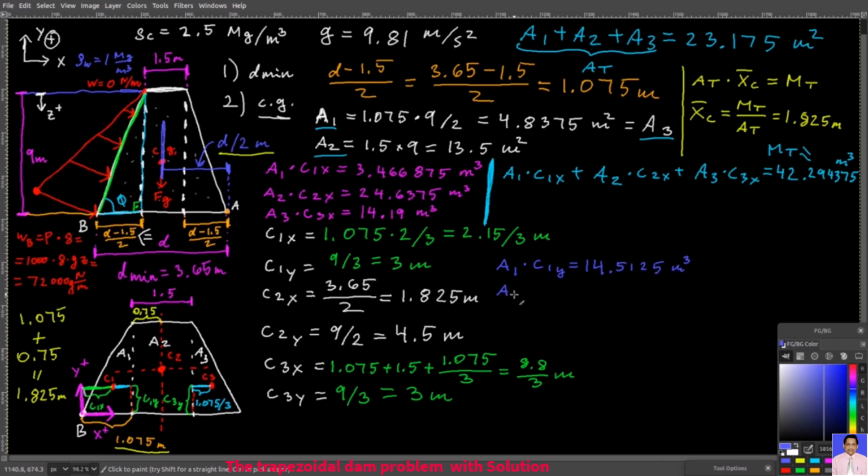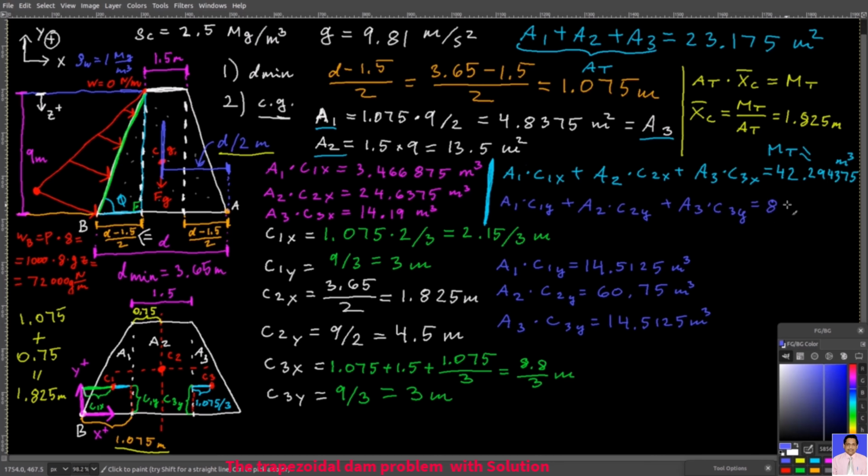Then I take A2 and I multiply it by C2y. That's this one. And then I take A3 times C3y, and it will be the same like A1 times C1y. This result here.